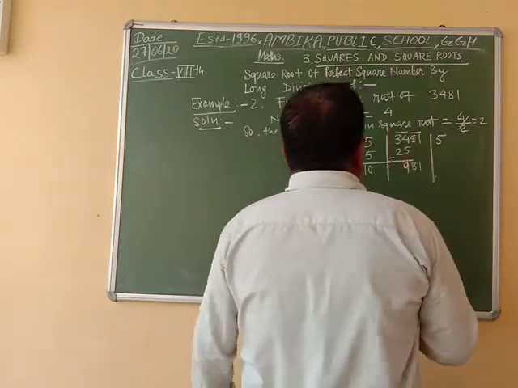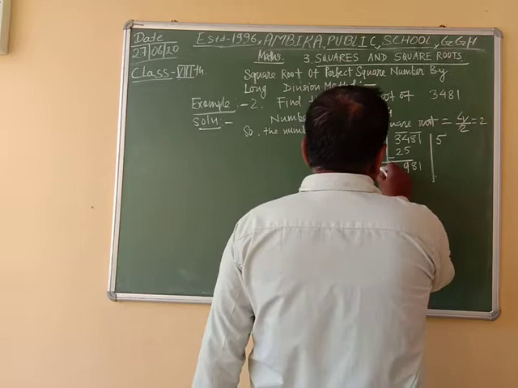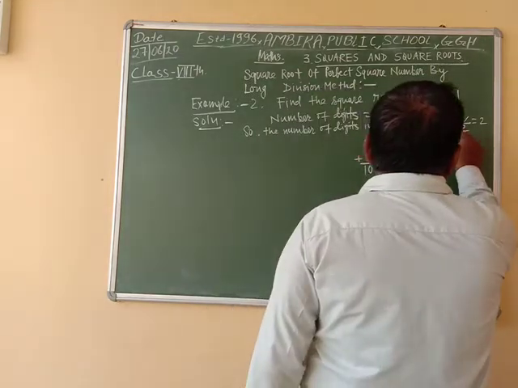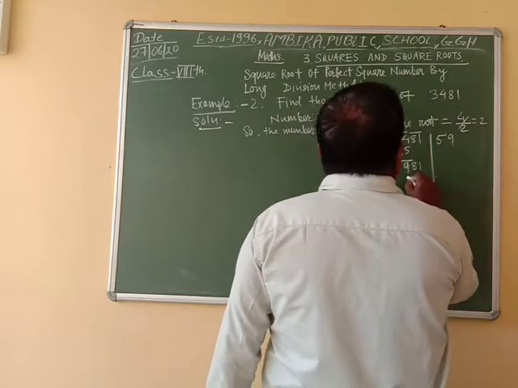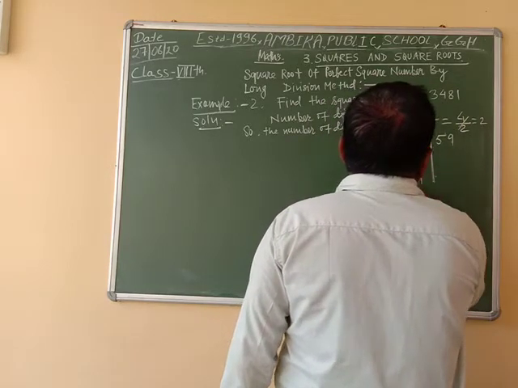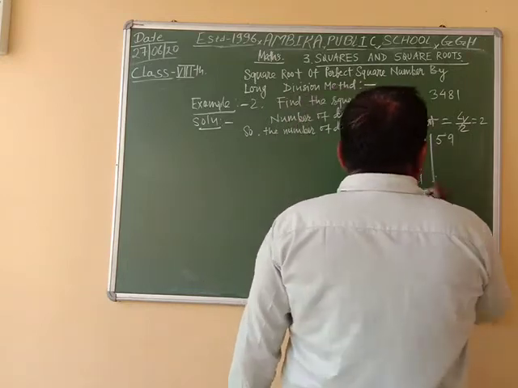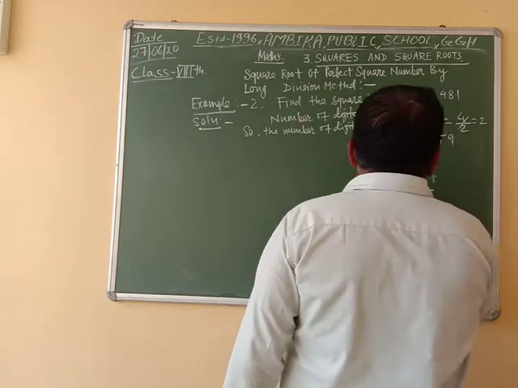If we take divisor 109 and multiply it by 9, we have 981. And on subtracting, we write 0.